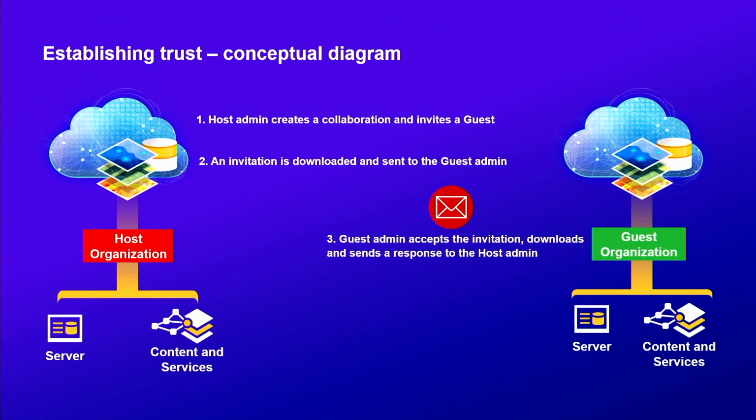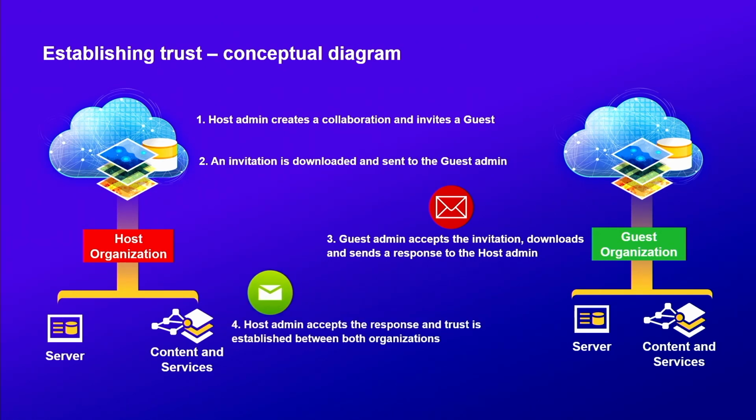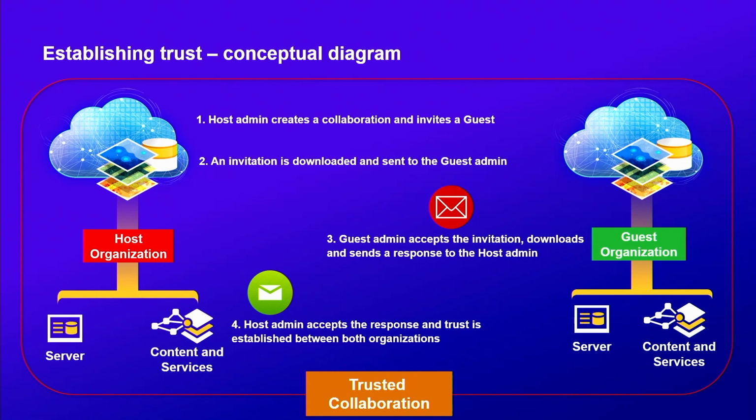The guest admin accepts the invitation, downloads and sends a response back to the host admin, again outside of the system. Once received, the host admin accepts that response, and finally we have trust established between both organisations, and content can now be shared to the collaboration.